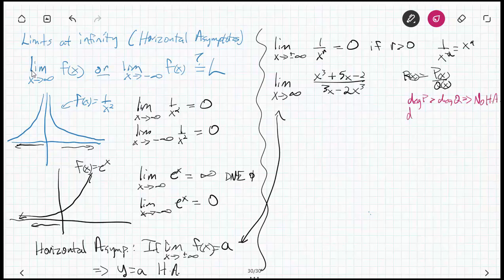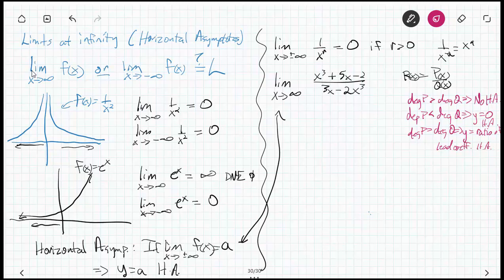If the degree of p is less than the degree of q, this implies y equals 0 is your horizontal asymptote. And last but not least, if the degree of p is equal to the degree of q, this implies y equals the ratio of lead coefficients. Again, review, is your horizontal asymptote.